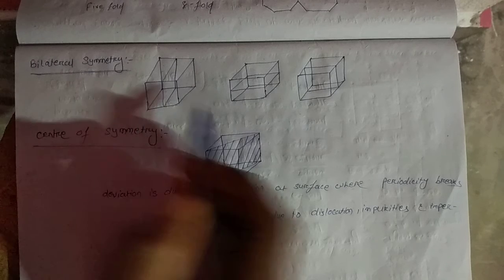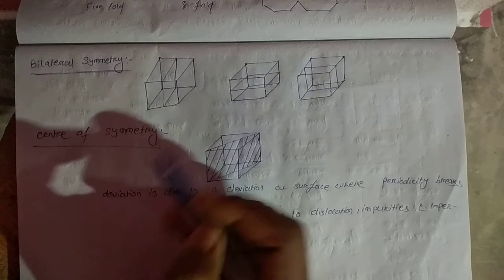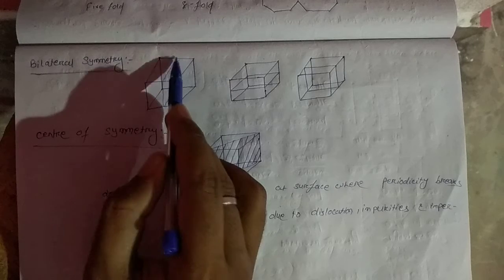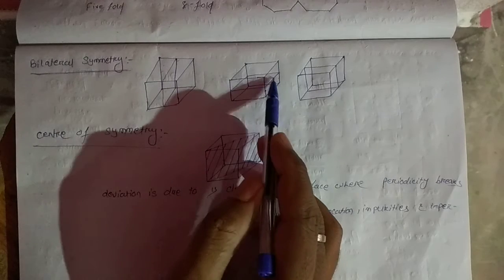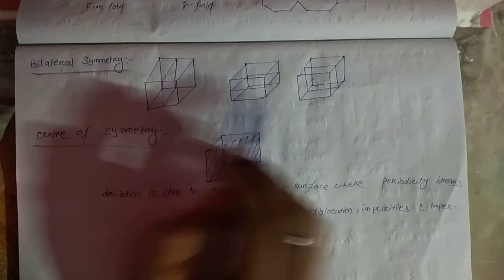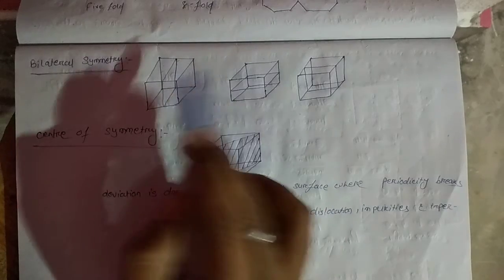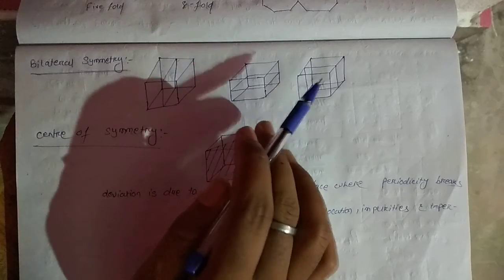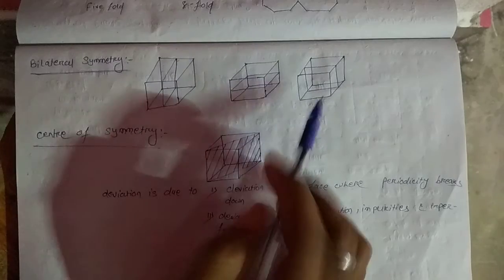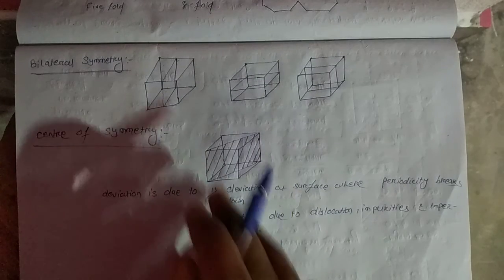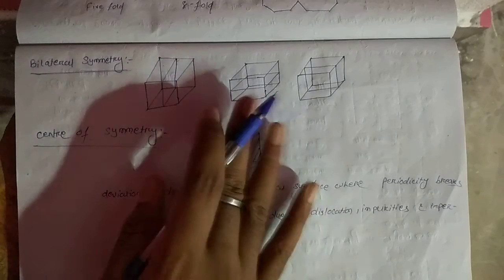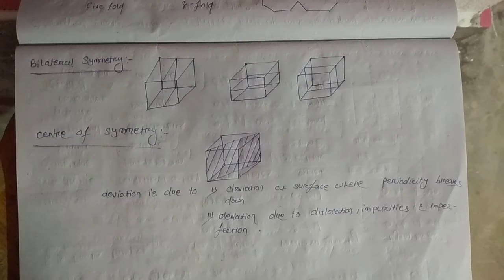In a cube there are three planes of symmetry. This is one kind of plane, this is another plane that divides, this is another. In three ways we can divide this cube into two equal halves, and these planes are known as planes of symmetry. This kind of symmetry is known as bilateral symmetry.